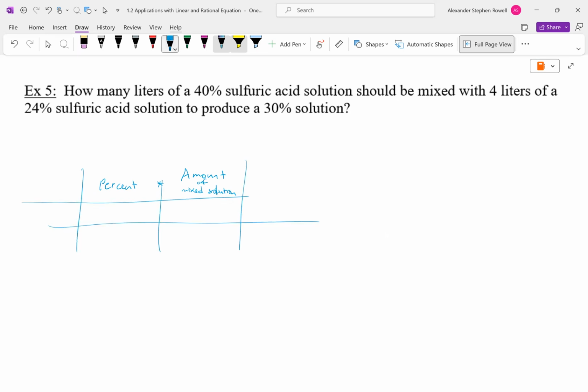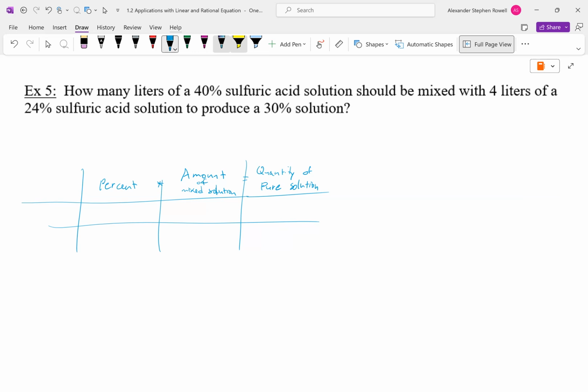Amount and quantity kind of mean the same thing, so I'll be a little more specific: quantity of pure solution. So we're really talking about pure acid in that case.